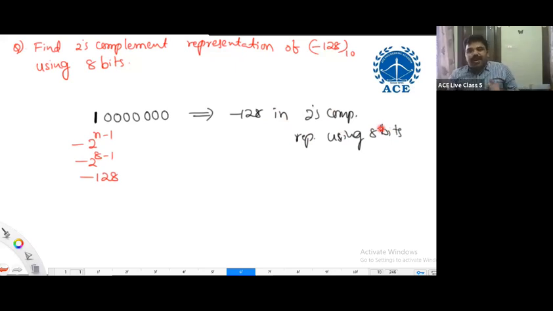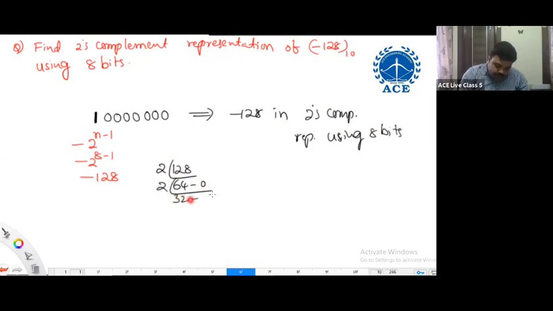But if you are using the methods which we have used till now, then you may be running into a problem. What is that? 128. If I calculate 128 magnitude, 2 to 64, the remainder is 0. Then 2 to 32, remainder is 0. 2 to 16, the remainder is 0. 2 to 8, the remainder is 0. 2 to 4, the remainder is 0. 2 to 2, the remainder is 0. 2 to 1, the remainder is 0.